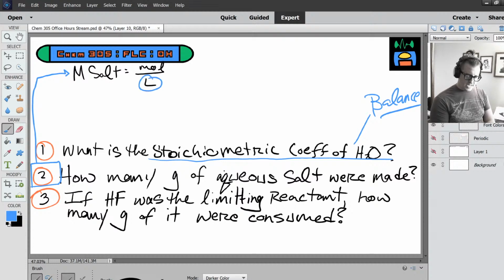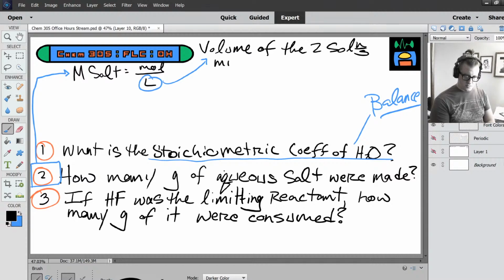These liters right here, this is the volume of the 2 solutions mixed together.